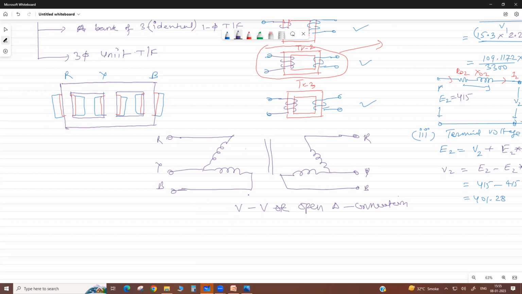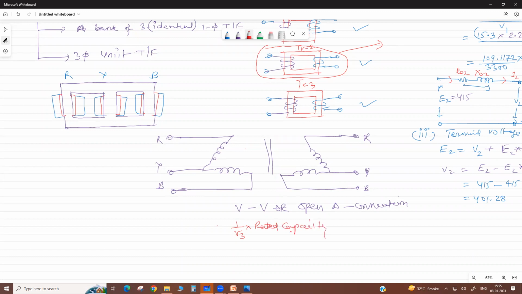But your capacity is reduced by 1/√3 times of rated capacity.